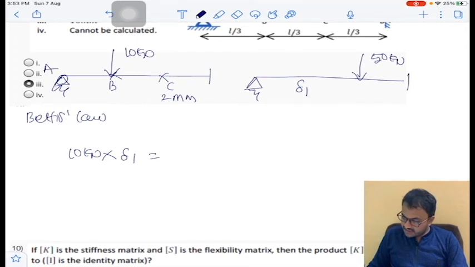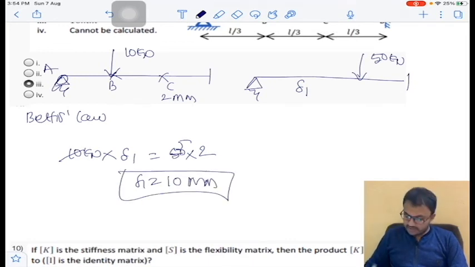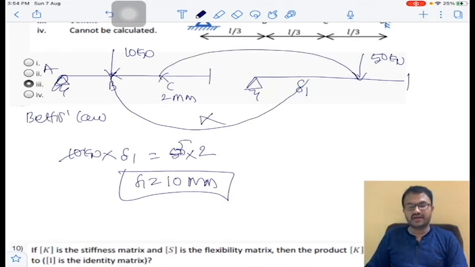And at point C, what is the load? 50 kilonewton. And at point C, what is the deflection in the first case? It is 2. So 10 into delta 1 equals 50 into 2, so delta 1 will become 10 mm. Clear? So load here into deflection here is equal to deflection here into load here. That will be same. Clear?